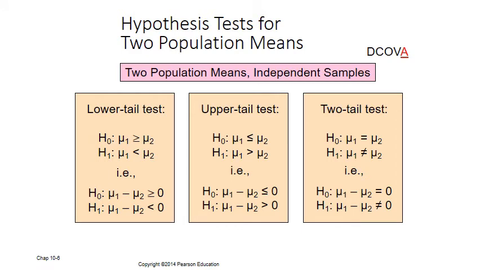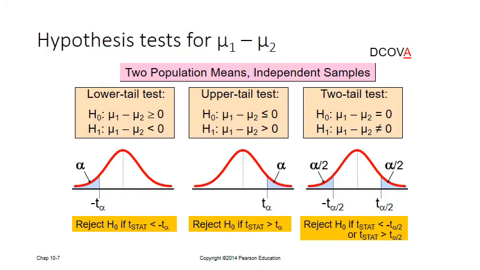So here is the null and alternate hypothesis. This one I have already explained. When we are dealing with two tail, we will say that there is no difference between two population means, and we will say that no, there is a difference between two population means, and this is one tail, lower tail and upper tail, like before we had. So everything is exactly the same. This is the rejection region and acceptance region.